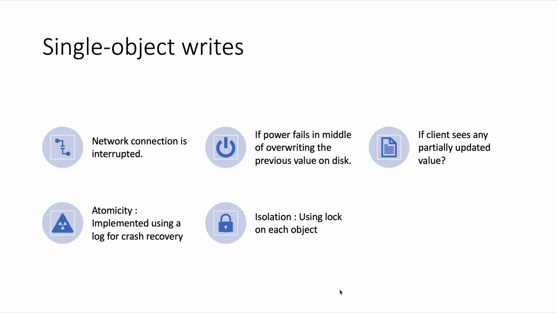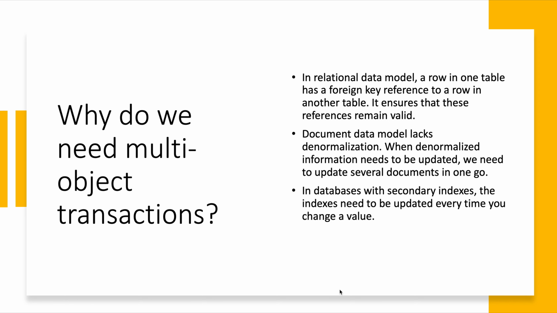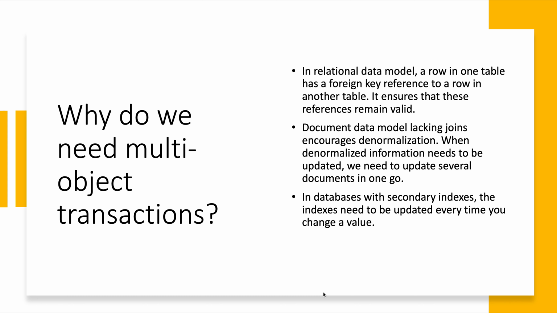Basically, a transaction is usually understood as a mechanism for grouping multiple operations on multiple objects into one unit of execution. So let us understand now why we need multi-object transactions, and how they are different from single object transactions. We just learned that a multi-object transaction means we are updating multiple rows, documents or records at the same time in the same transaction.